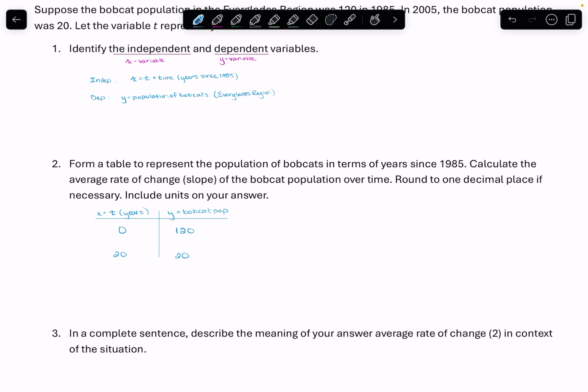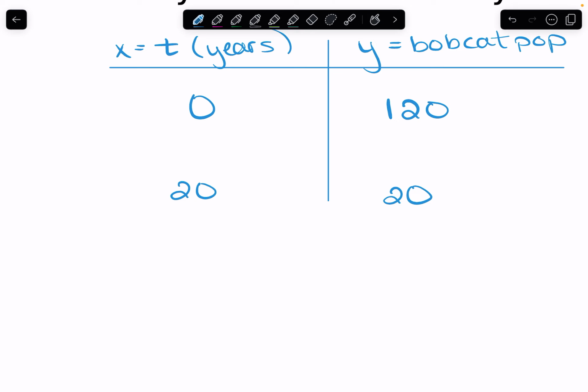Then it says calculate the average rate of change. Remember, average rate of change is the formal name for our slope of our population over time. So if we recall, the slope formula, m, is the difference in our y's, y2 minus y1, over the difference in our x's, x2 minus x1. And remember, our x's are t's, so if you wanted to write it t2 minus t1, you could do that as well.